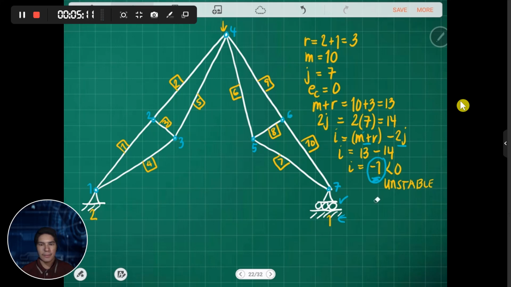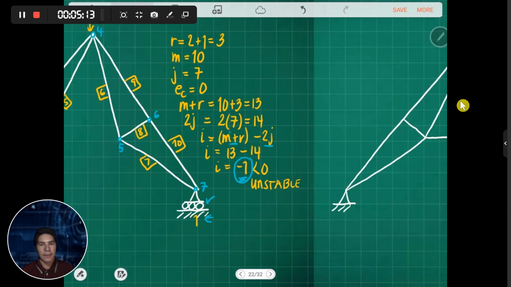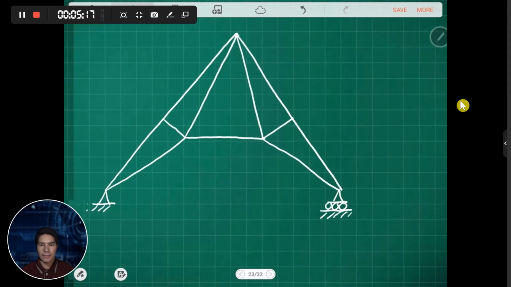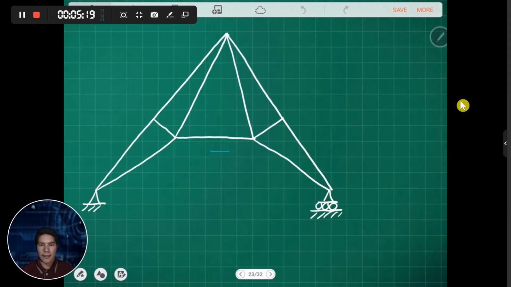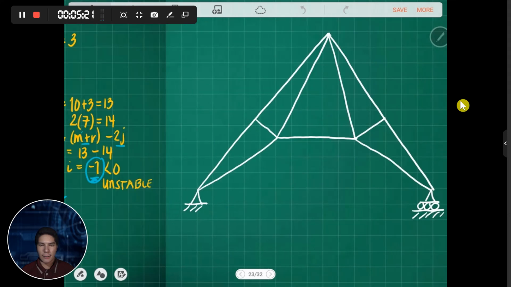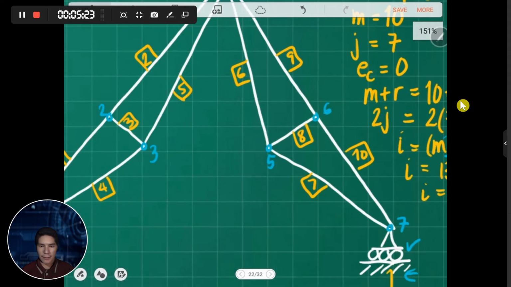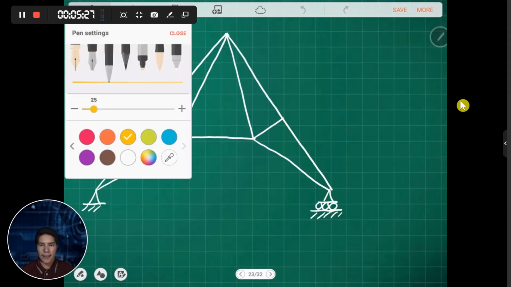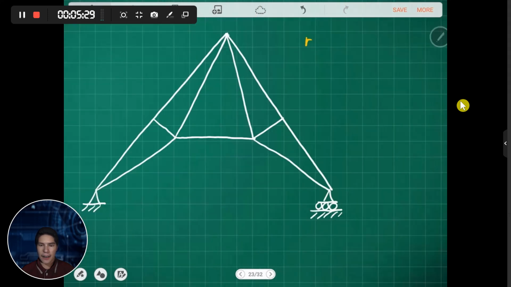So anyway, that is also presented here. This is the same structure, but I just added a link between joints 3 and 5. So what happens? We still just need to count the number of reactions. So we have 2 and 1, so we have 2 plus 1, so we have 3.